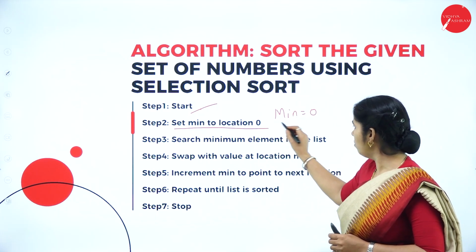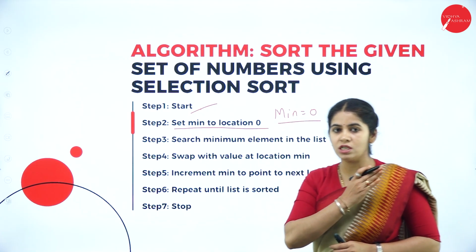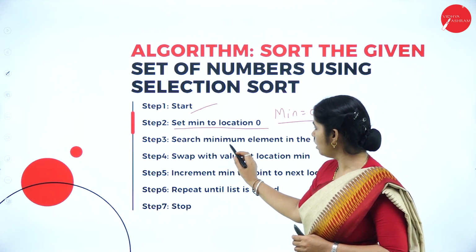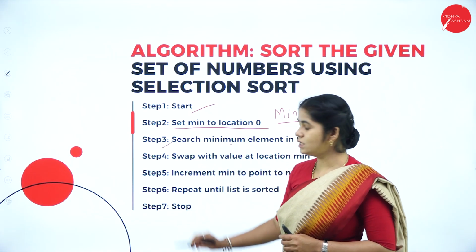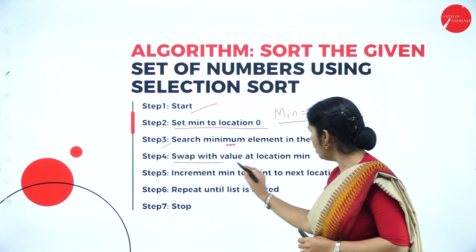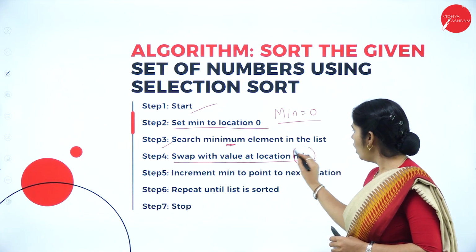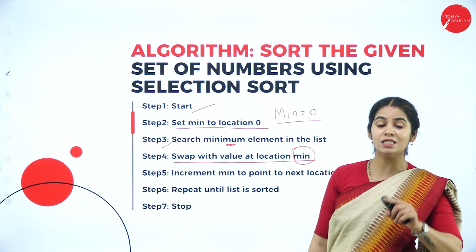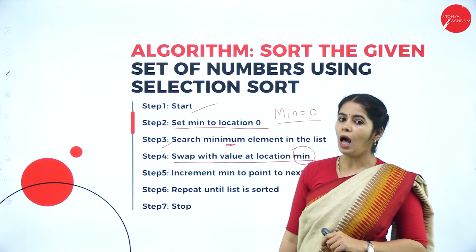After setting the minimum as 0, we have to start traversing the array for searching the minimum value. That is step 3. Once we get the minimum value, swap the minimum value with the location. With what location? The 0th location, that is the 0th index of your array.